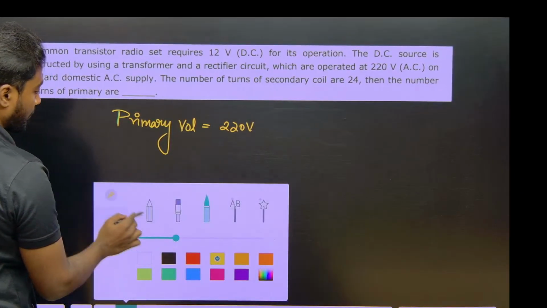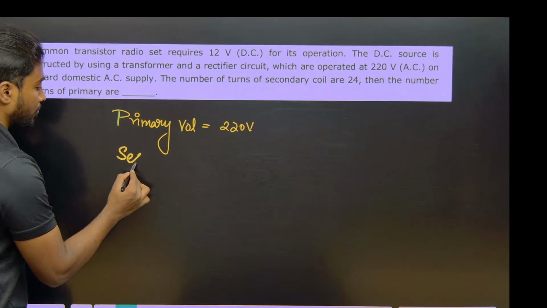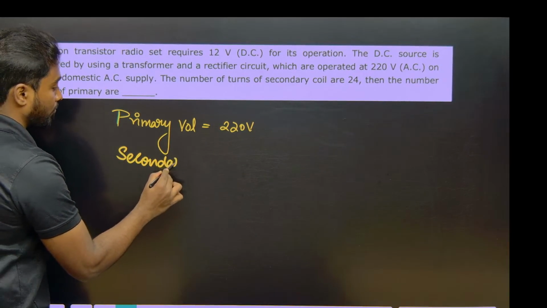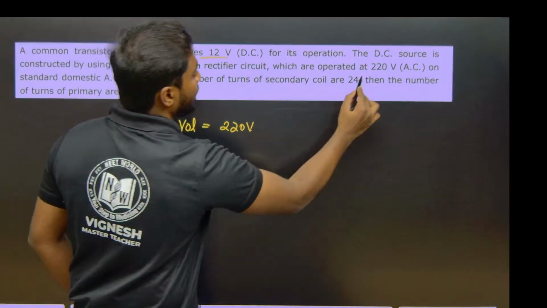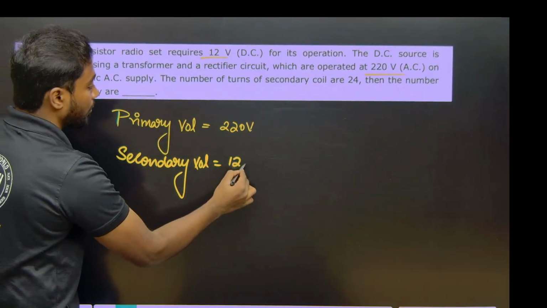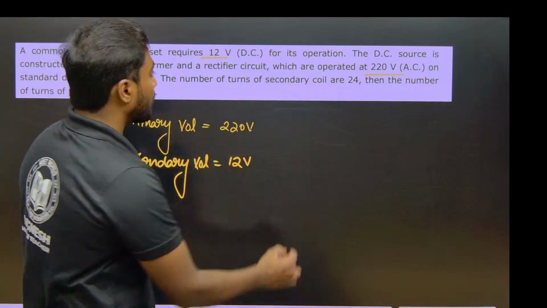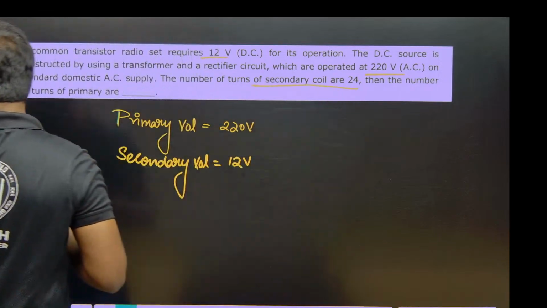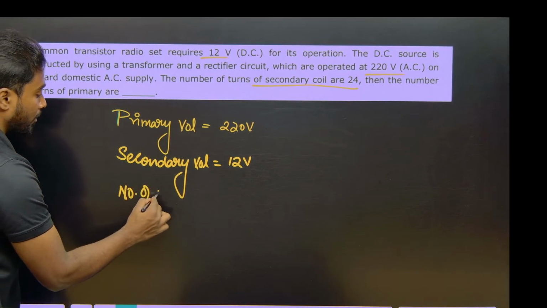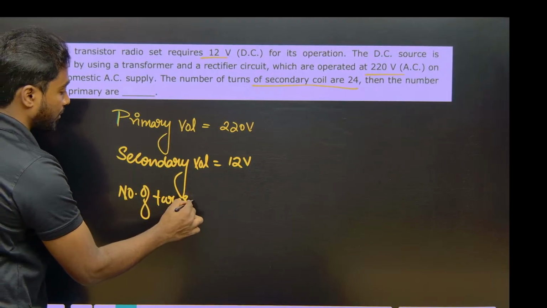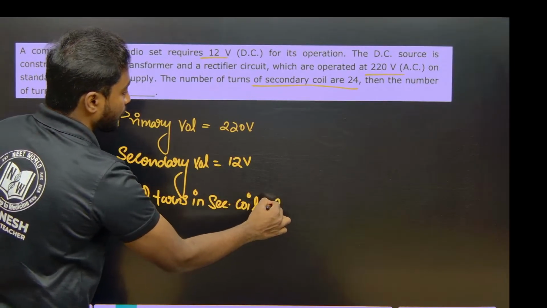The secondary voltage is 12 volt. They have given the number of turns in the secondary coil, which is equal to 24.